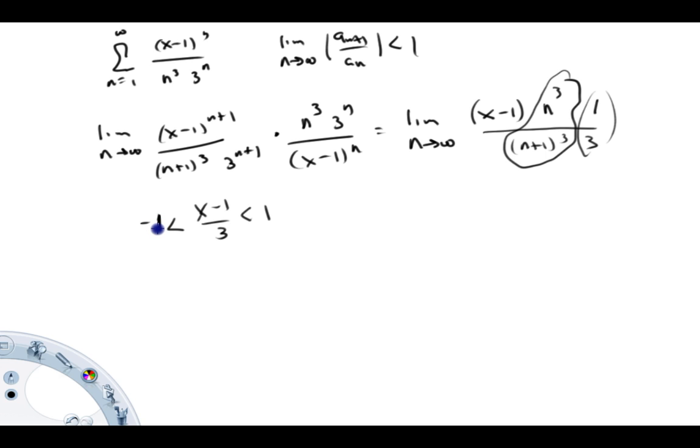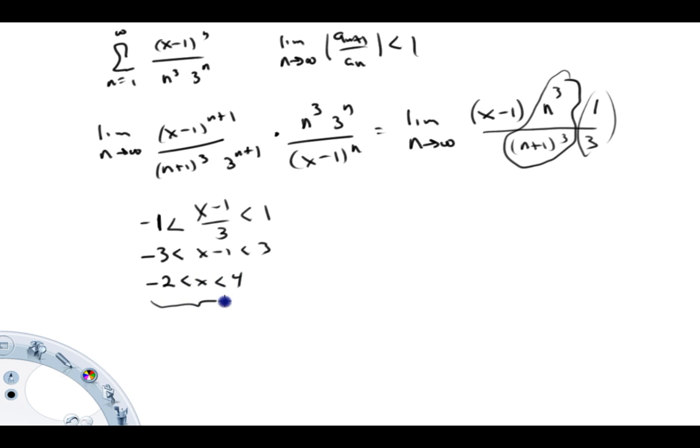Now, the (x minus 1) over 3, we can solve this for x by multiplying by 3. So the new line is going to read minus 3 is less than x minus 1 is less than 3. You can add 1 to everything. This is going to read minus 2 is less than x is less than 4.